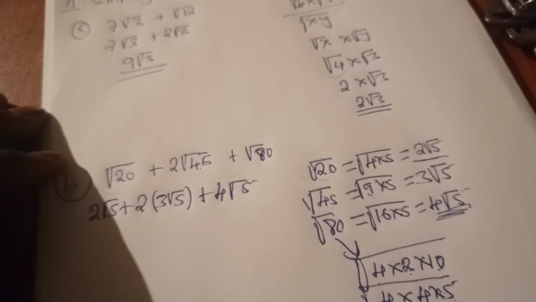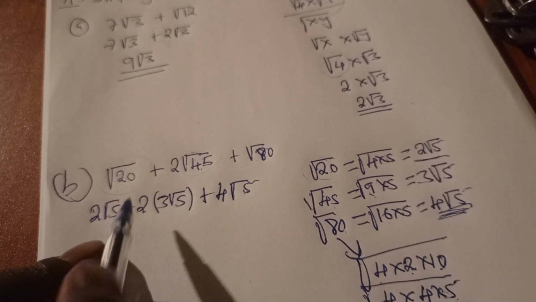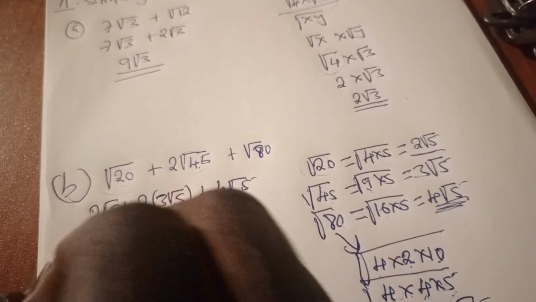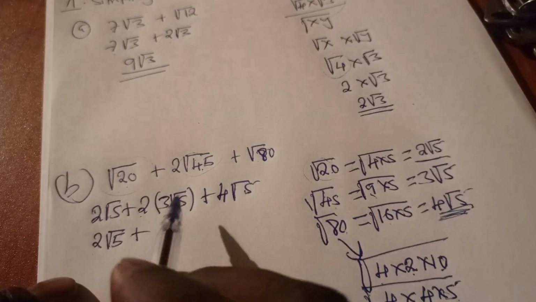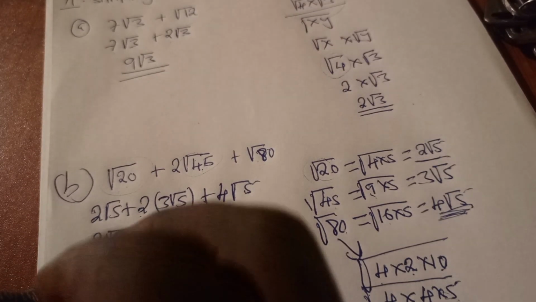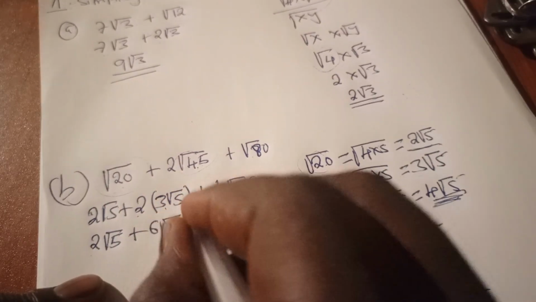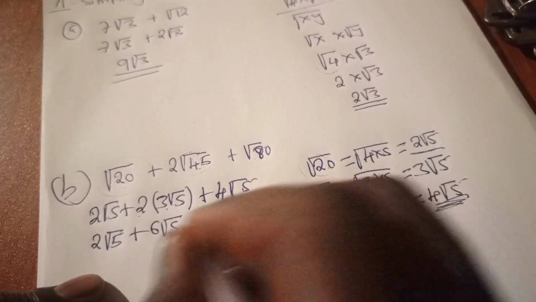Okay, from here now I'll simplify. So 2 root of 5 plus 2 times 3, which is 6 root of 5 here, then plus 4 root of 5 again.